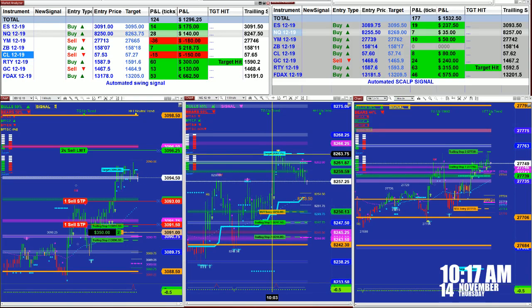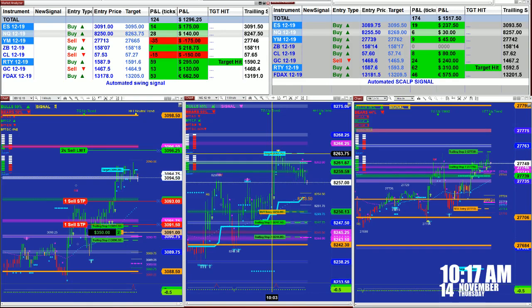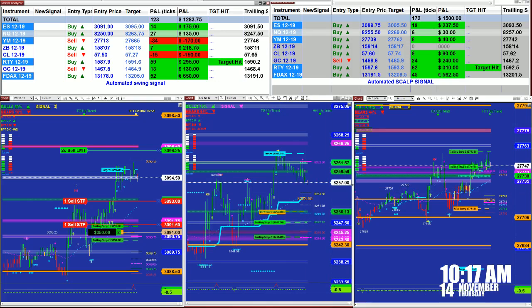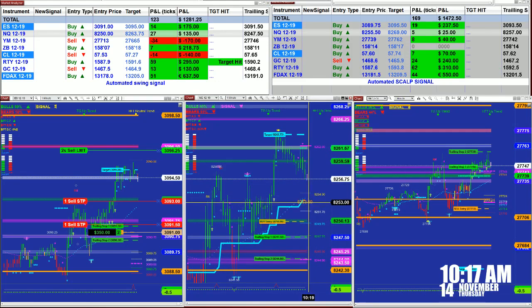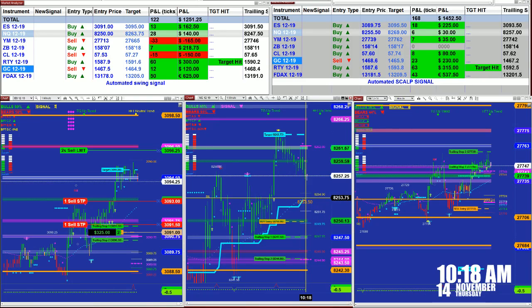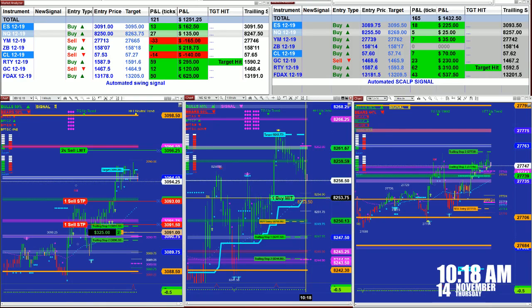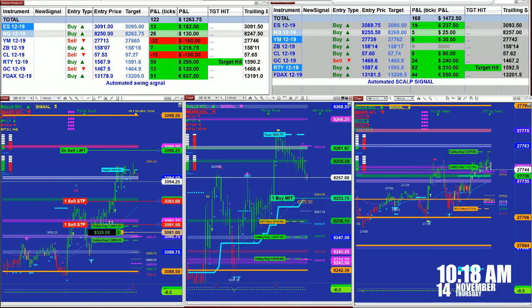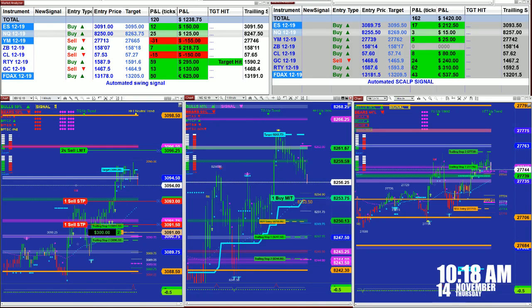And we hit exactly the target, to the tick. And then what happened? The market starts sinking in. This is where the re-entry point on the NASDAQ is, right here, 82.53.75. This is the re-entry point on that NASDAQ.